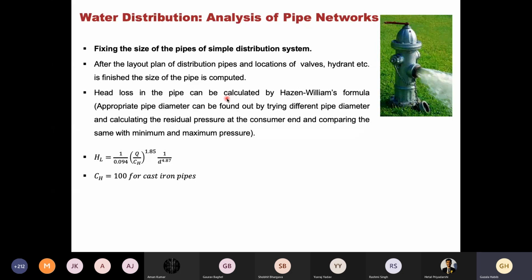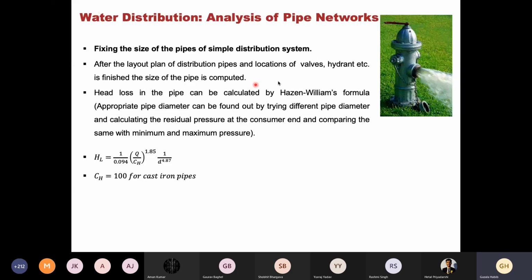After the layout plan of distribution pipes and the location of valves, hydrants, etc. is made. So what is a hydrant? This is what is shown here, on the right hand side. The whole distribution system has to be planned in such a way that at certain locations, depending upon the head loss, valves and hydrants should be provided.